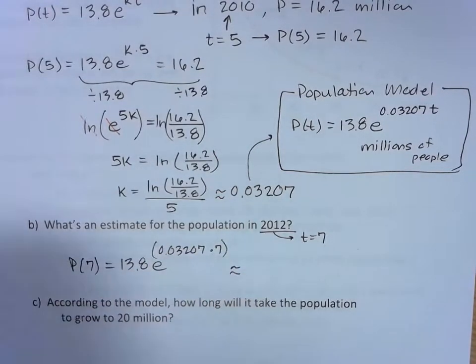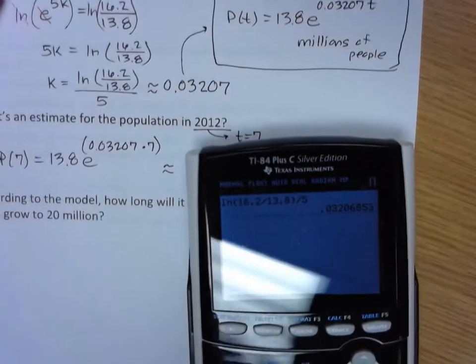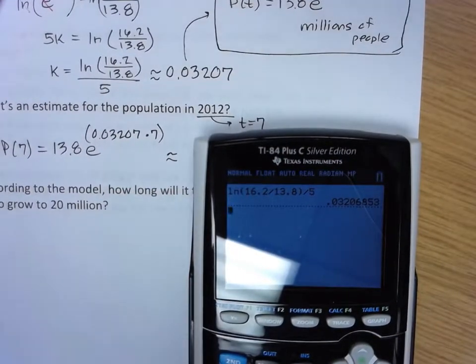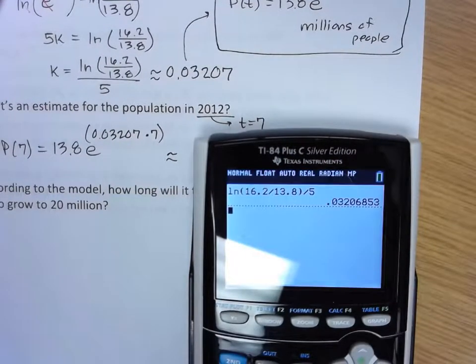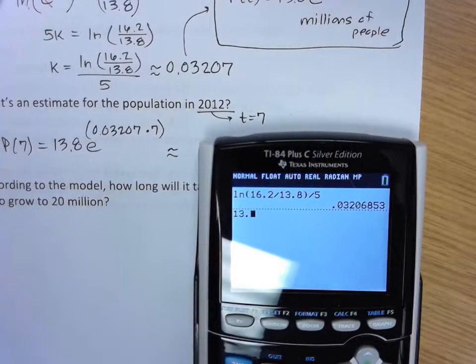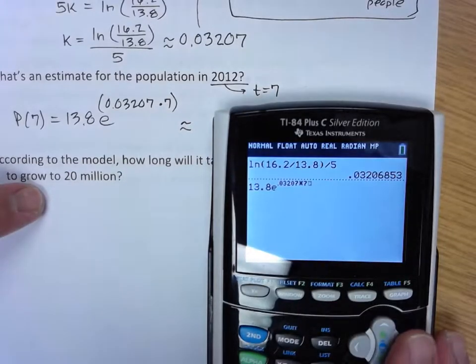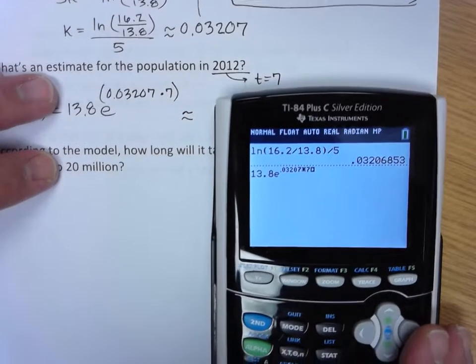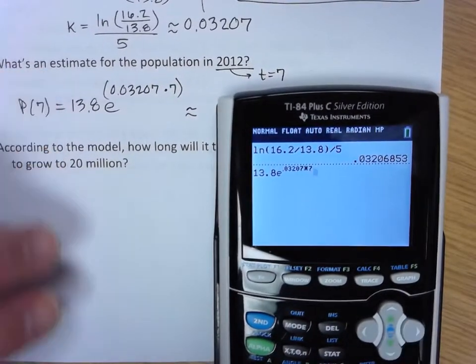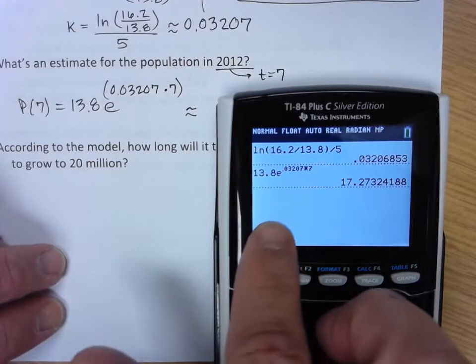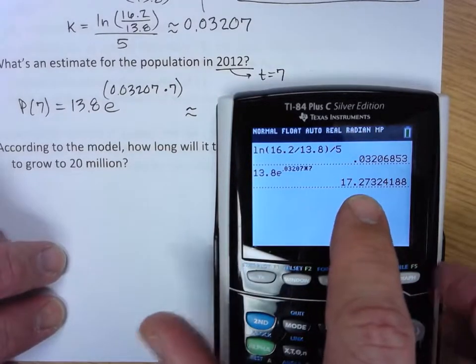Let's see what that's approximately going to be. 13.8 times e raised to the 0.03207 times 7, and again, that's all inside the exponent. You may have to use parentheses if you're using an older operating system than this. But that's going to give me approximately 17.3.